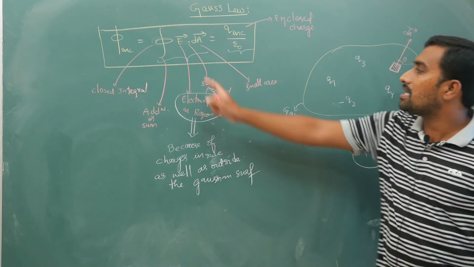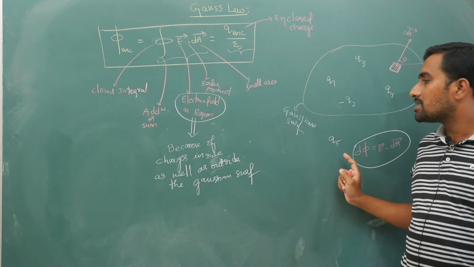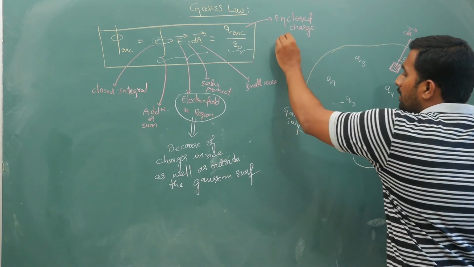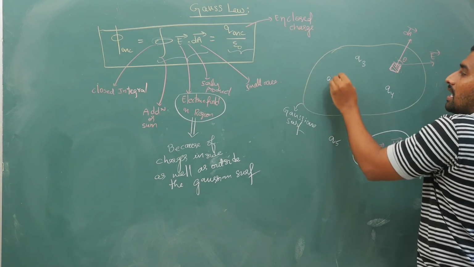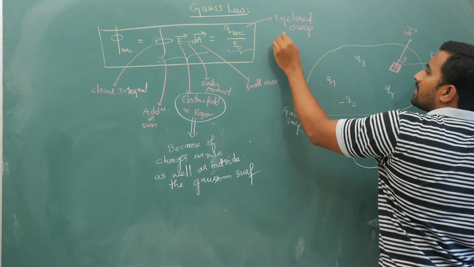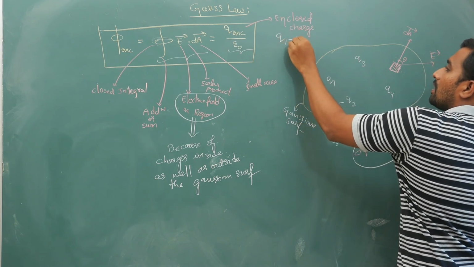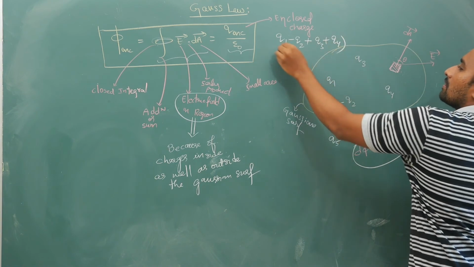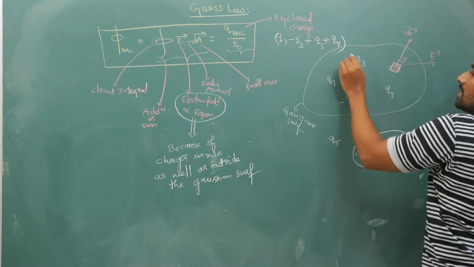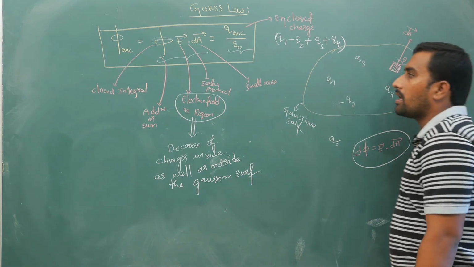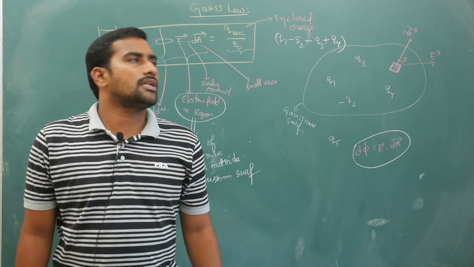So here this E bar is because of charges inside as well as outside in this expression, and your enclosed charge is the charge that is present only inside this loop. Only inside this loop, it is Q1 minus Q2 plus Q3 plus Q4. So enclosed charge means charge that is present only inside the Gaussian surface. So this is your Gauss law statement.